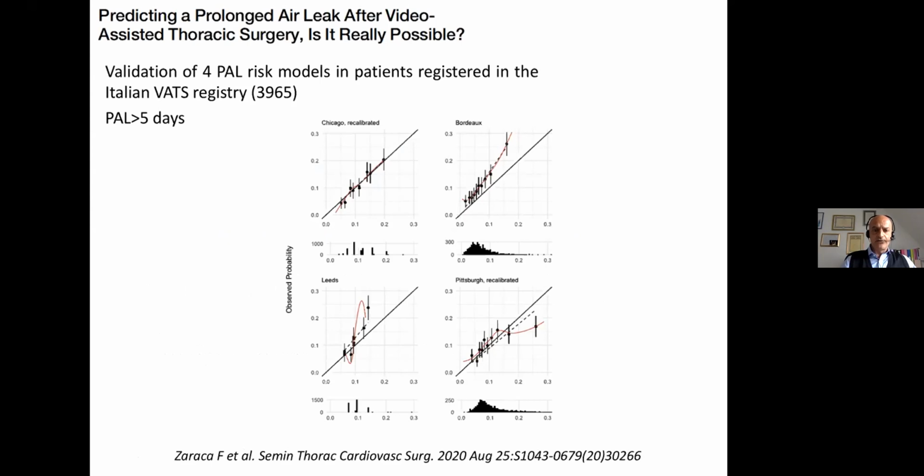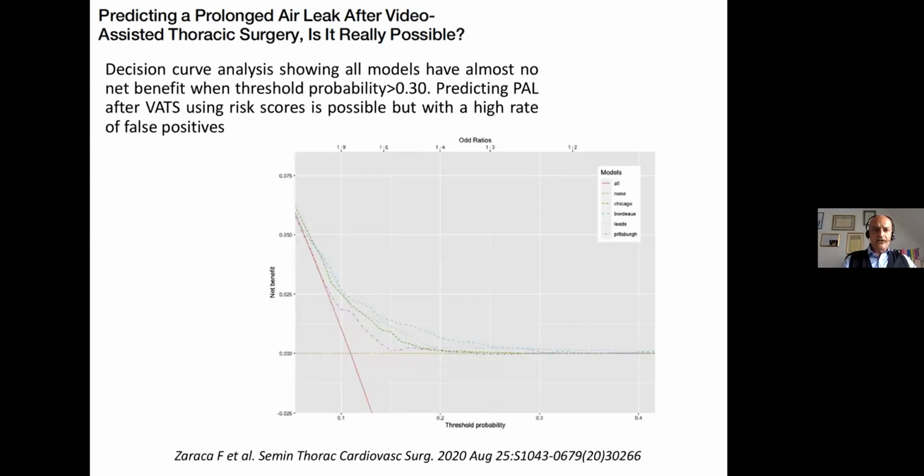So basically the authors tested these 4 PAL risk models, recalibrating the models on the population registered in the Italian VATS database. And what they found is that the decision curve analysis showed that all models have almost no net benefit when the threshold probability is greater than 0.30.